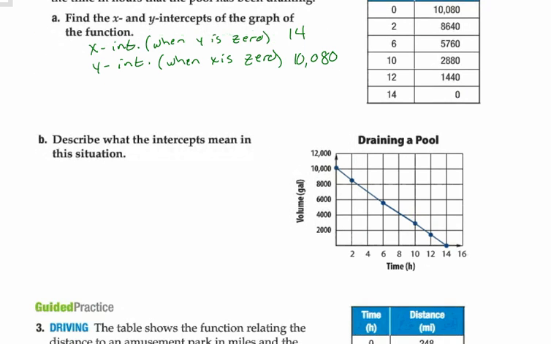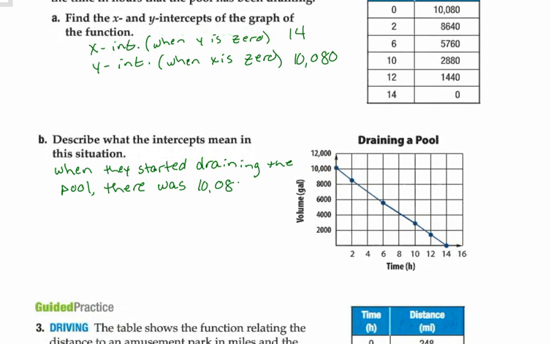So let's go ahead and write that down. The sentence, when they, sometimes I use we, I don't know why, when they started draining the pool, comma, there was 10,080 gallons of water.